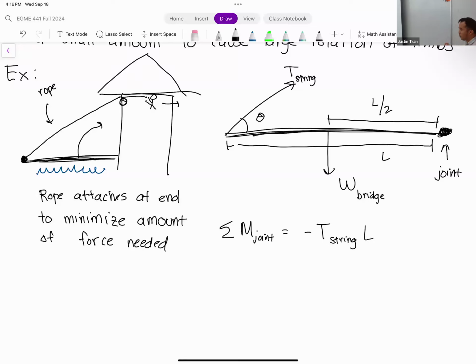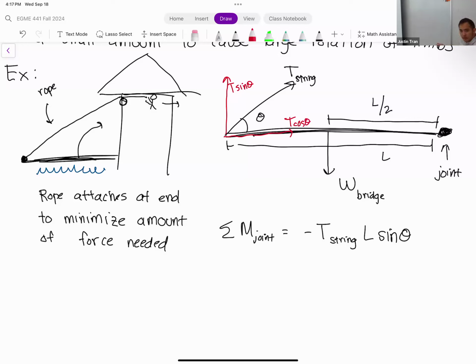Since that force vector is at an angle, the only component of that force that's going to cause a rotation is the vertical component, so we have to add a sine theta there. If we break the force vector up into components, the vertical component will be T sine theta and the horizontal component will be T cosine theta.